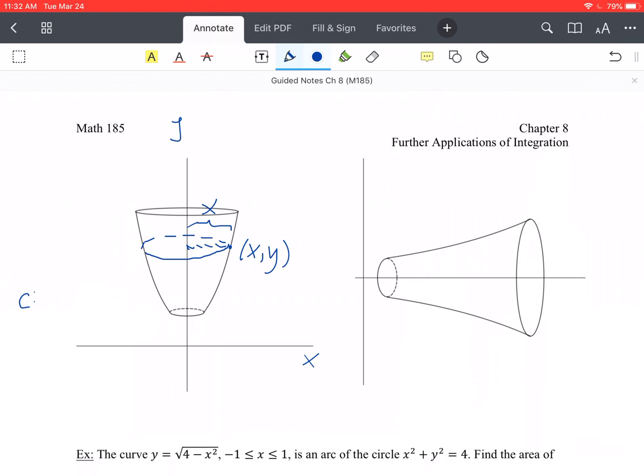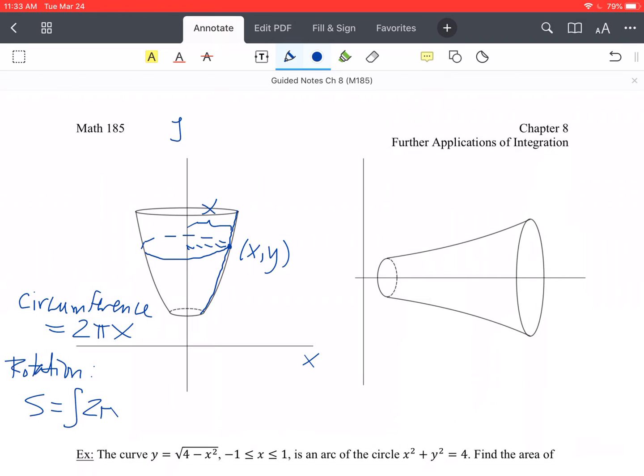So the circumference is going to be 2 pi x. And then how much of that do we need? Well, for the rotation about the y-axis, we need it to be related to however long this arc length is. That tells us how much of it is actually being rotated. So our rotation is going to be s equals integral of 2 pi x ds.